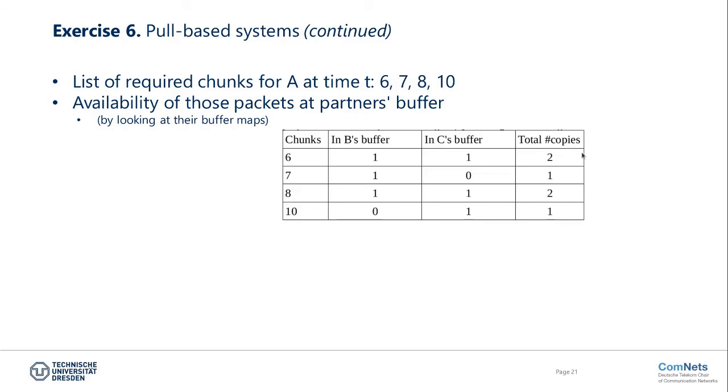So video packet number 6 has 2 copies, at B and C. Similarly for video packet number 8.